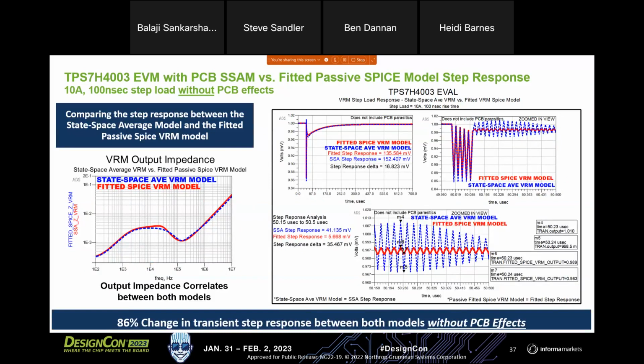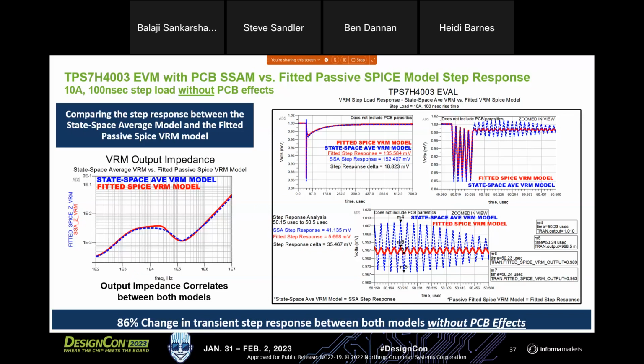But you can see here at that initial step change, where that initial step edge is, we're already seeing a 16, almost 17 millivolt greater step change in the transient voltage with the state space average model than we are with the fitted SPICE model.